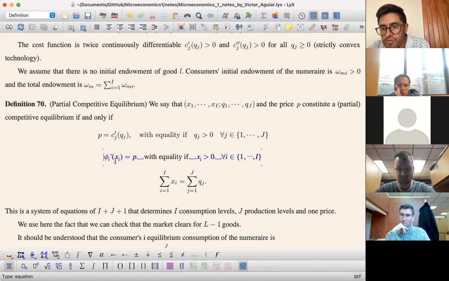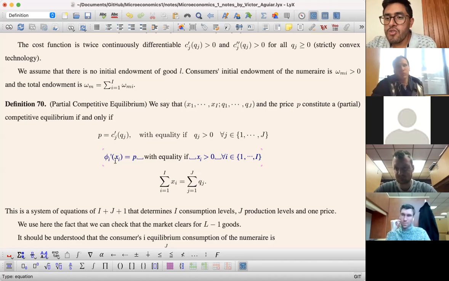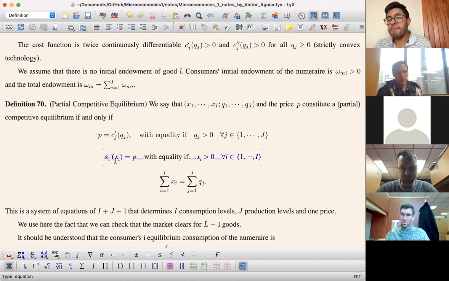This is something you have to read for the problem set, right? Very historical point. And the same thing with firms, that there is a representative firm. Now, in real life, we don't have a representative consumer nor a representative firm. In reality, we have individuals behaving in very different ways and very different firms producing in very different ways. And our analysis has to take into account this heterogeneity, right?